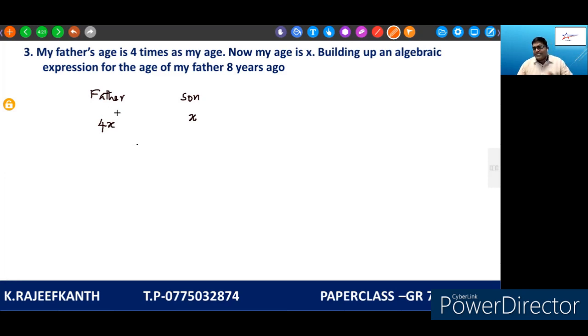Now they are asking, this is the present age of father and son. Here they have given my age is x, then we have to find the father's age as 4x. These two ages are the present ages of father and son. But they are asking the age of father 8 years before. Then we have to subtract 8 from that present age.